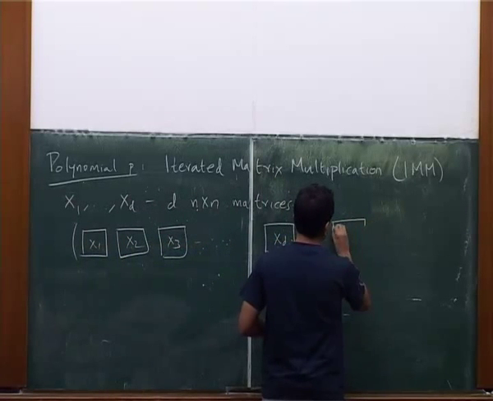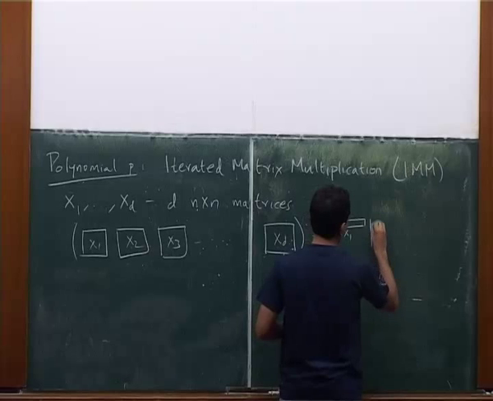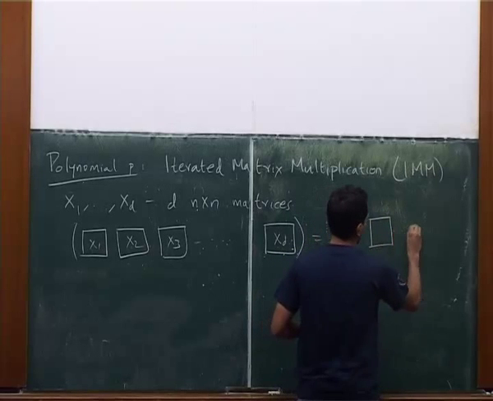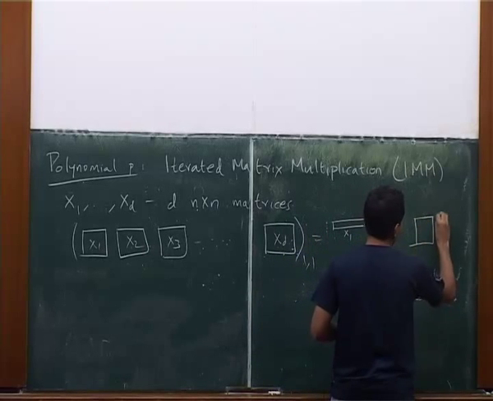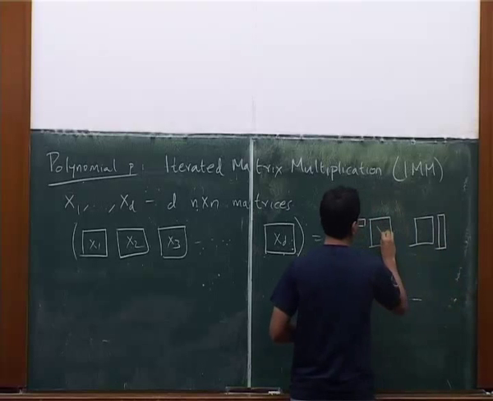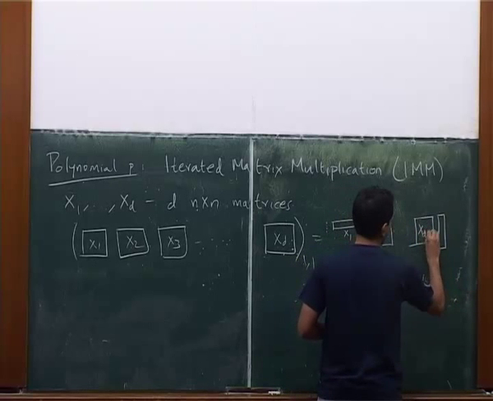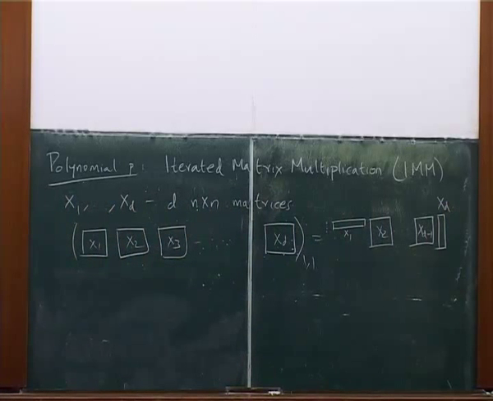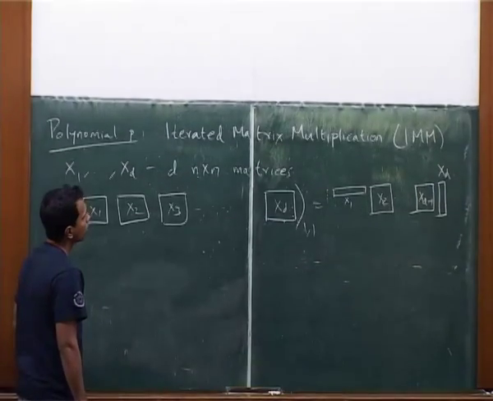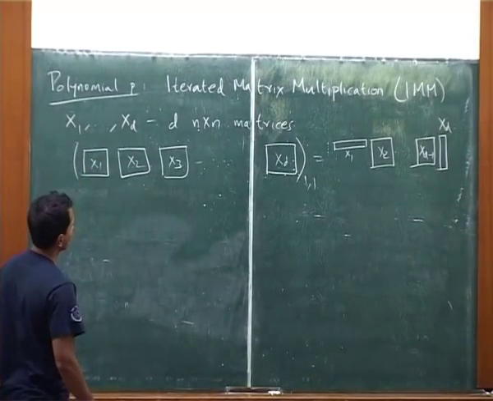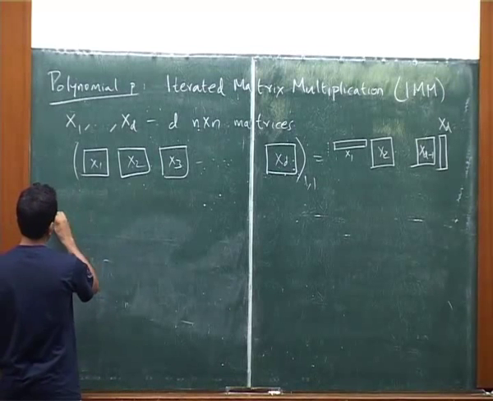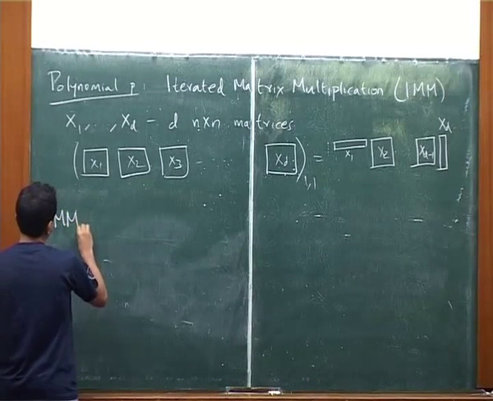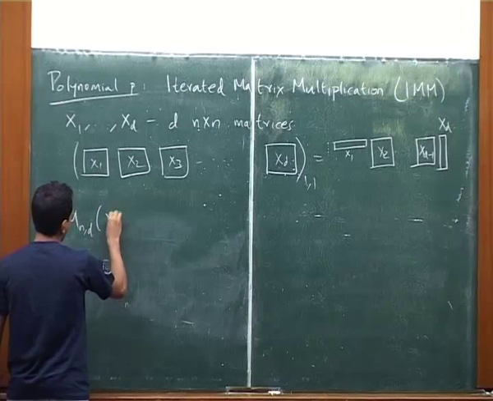So for me, this polynomial is just you take a row vector, multiply it with a bunch of matrices, and then end up with a column vector. Okay, so that's this polynomial, right? This is the formal definition, but let's just write down an expression for it just to get a little more familiar with it.